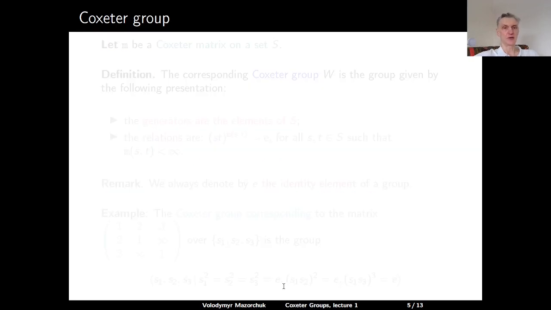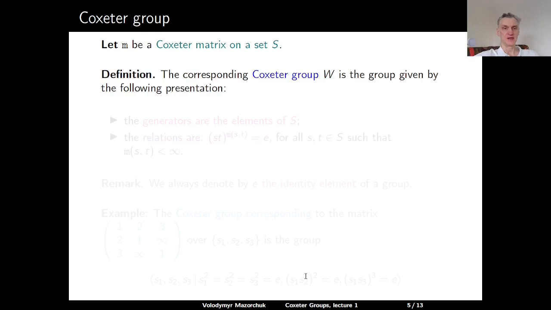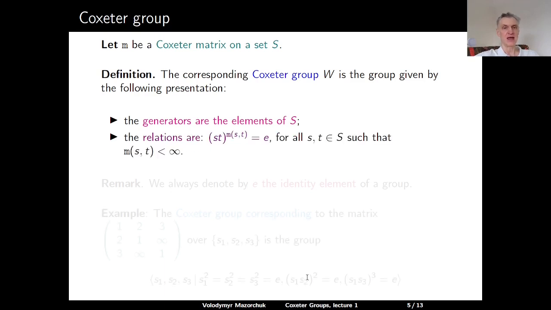So given a Coxeter matrix, or equivalently a Coxeter graph, we can define the corresponding Coxeter group. So let M be a Coxeter matrix on some set S. Definition: the corresponding Coxeter group W is the group given by the following presentation. The generators are the elements of our set S. And the relations are as follows.